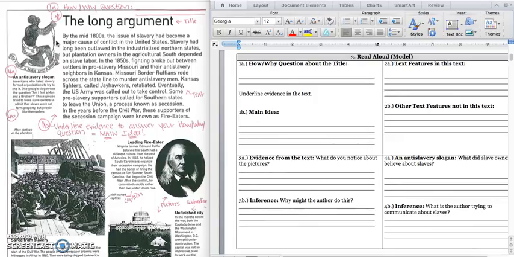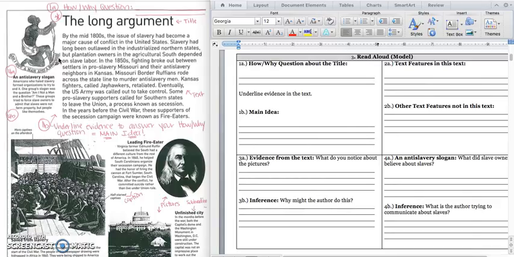Let's keep reading. Slavery had long been outlawed in the industrialized northern states. That means that slavery was illegal in the North. But plantation owners in the agricultural South depended on slave labor. So in the South, they needed the slaves to pick their crops.